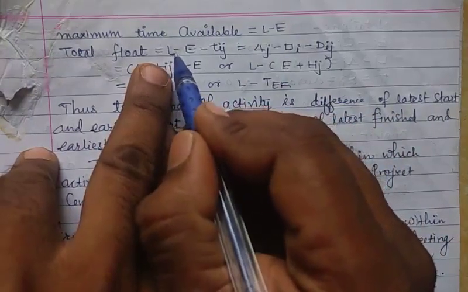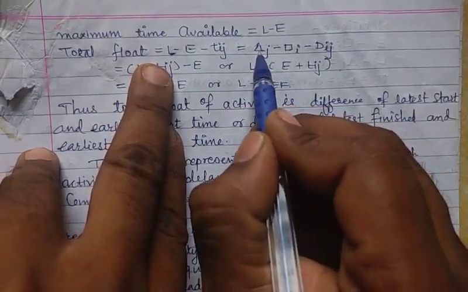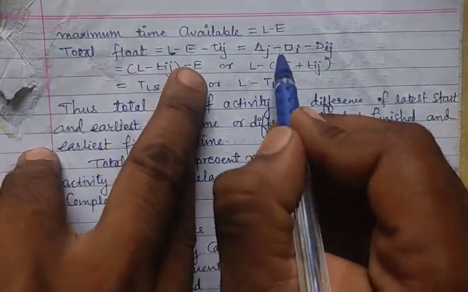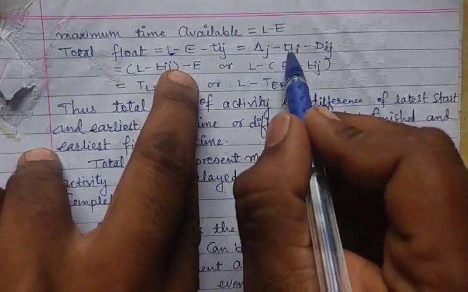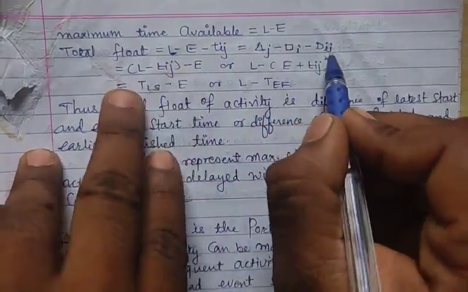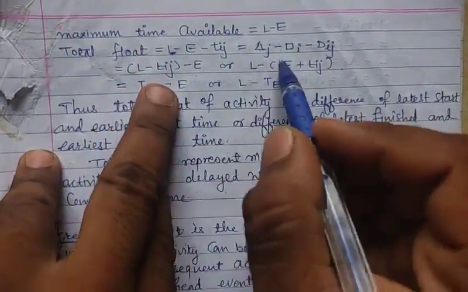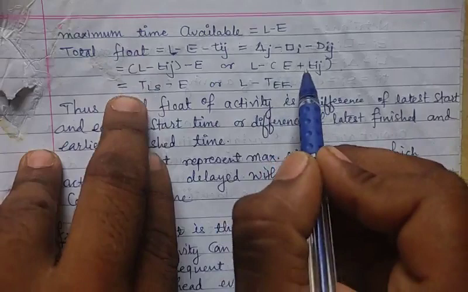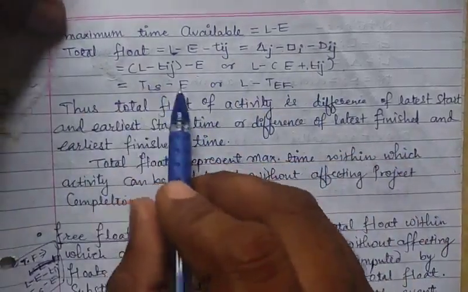So this is for latest finish, called the backward pass method, and this is the forward pass method, so delta j minus square i minus dij, which is equal to L minus Tij minus E, or L minus E plus Tij. Okay, so this is the total float.